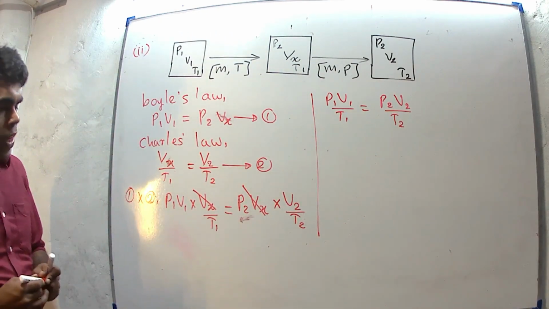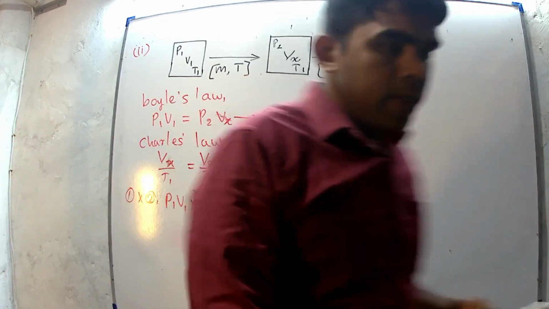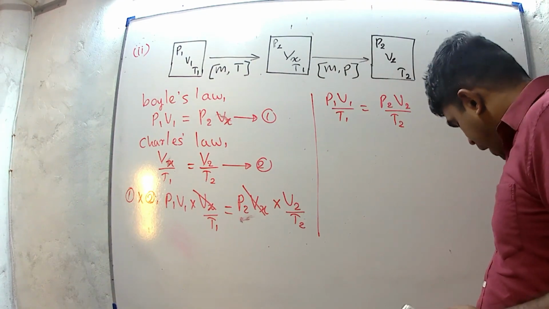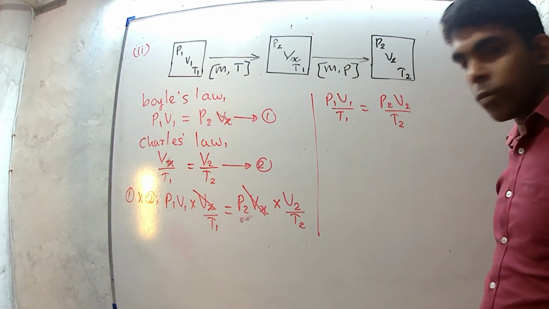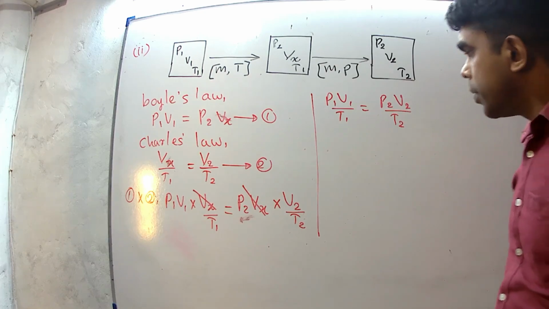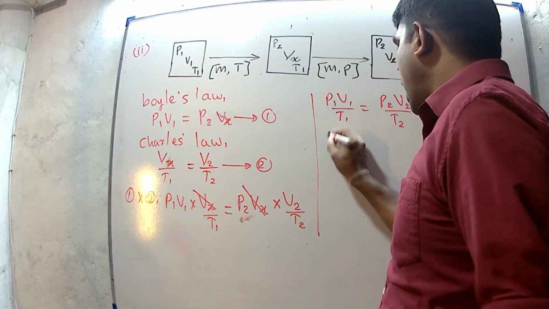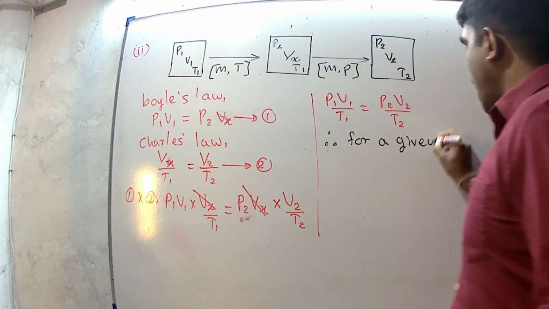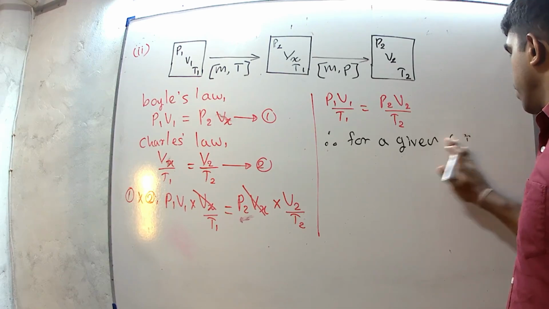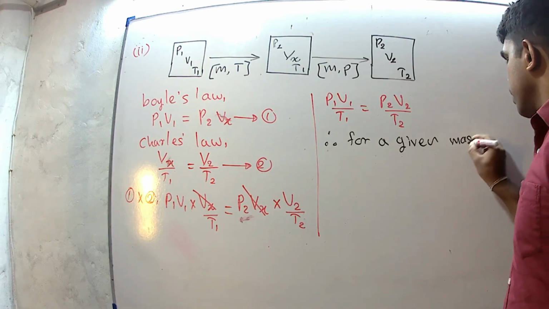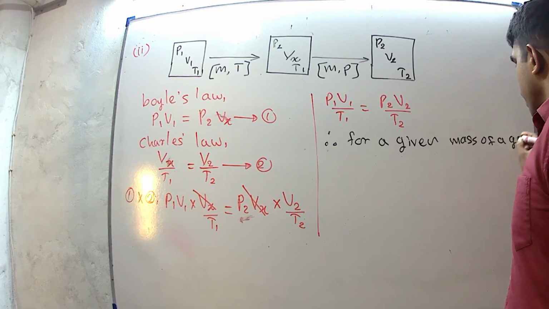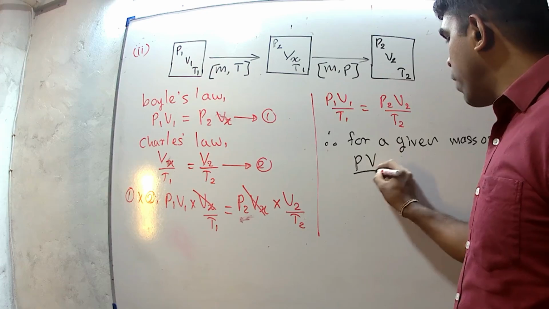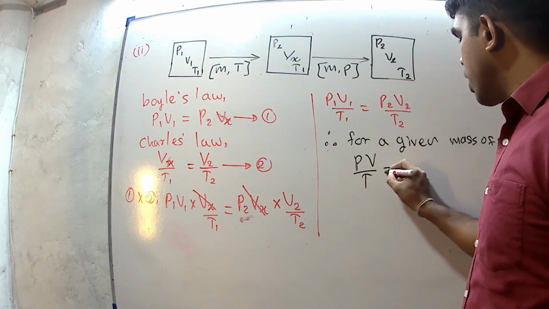Now there are two situations, and the term PV over T is constant. Therefore, for a given mass of a gas, PV over T is constant.